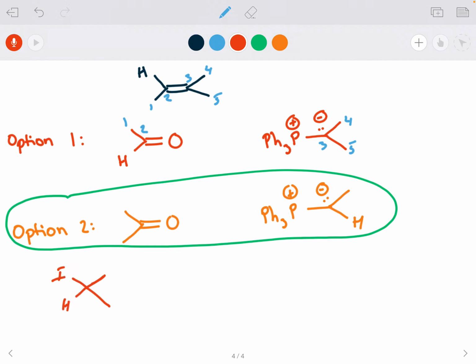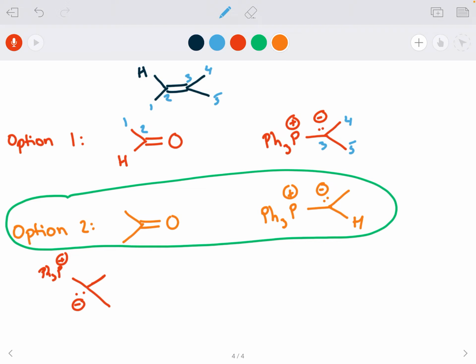My hydrogen and my iodide. Right? The iodide gets substituted for the phosphorus group, and then I deprotonate to get my ylide, which is what I have right there.